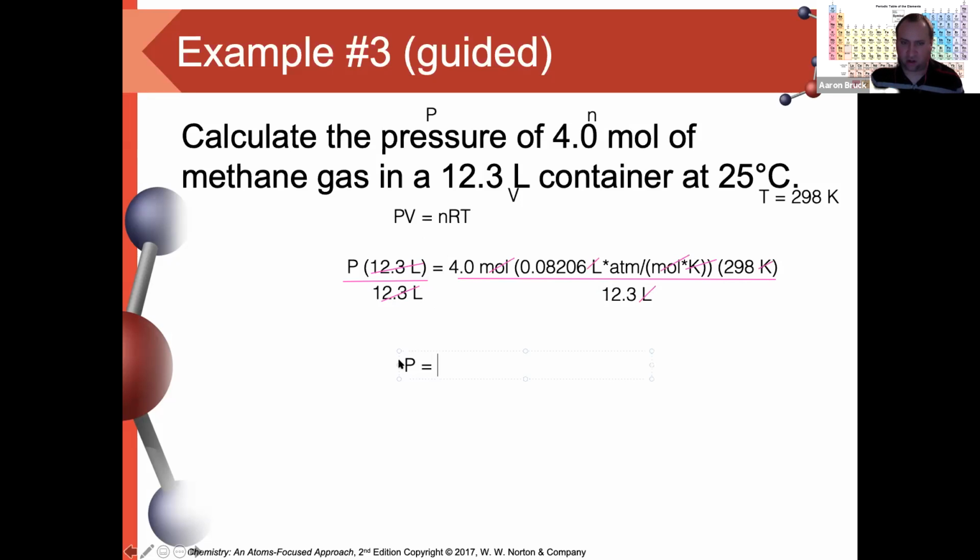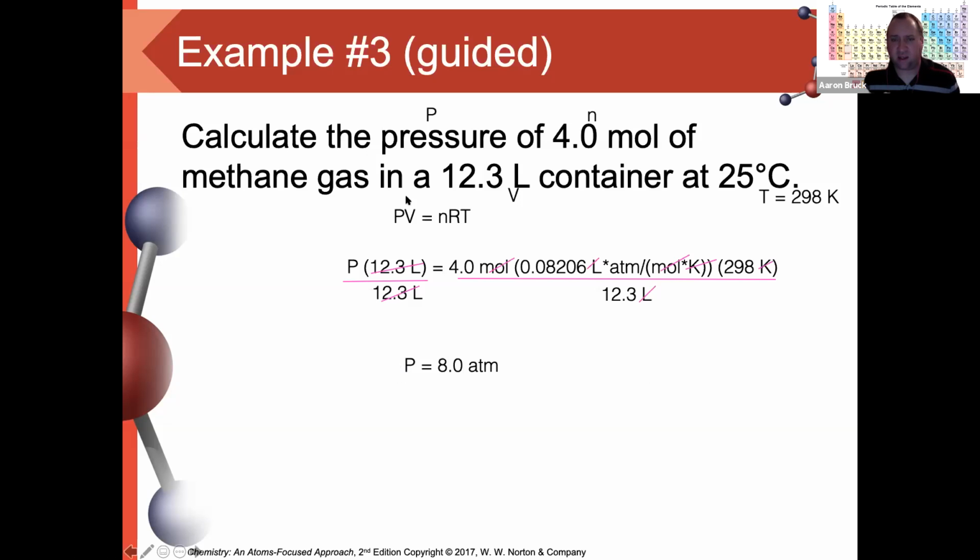So pressure is equal to 4.0 times 0.08206 times 298 divided by 12.3. To two significant figures, I'm going to get 8.0 atmospheres of pressure.